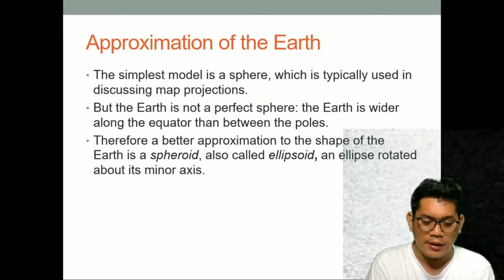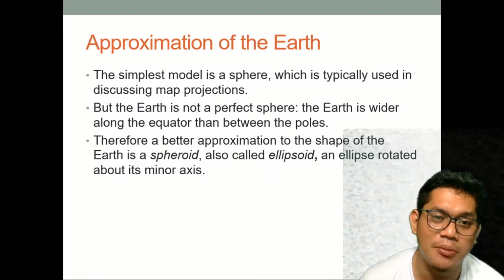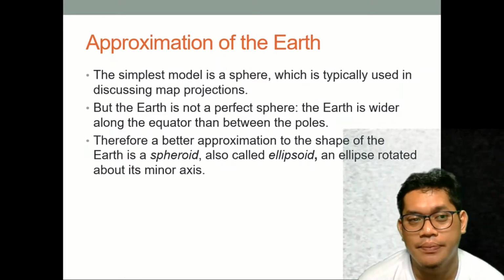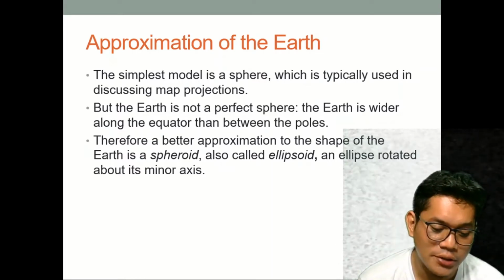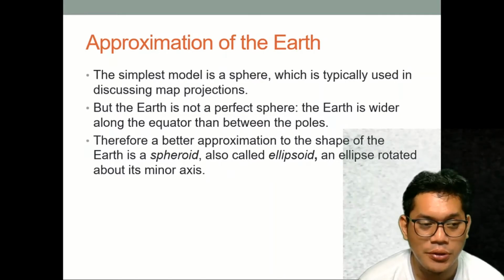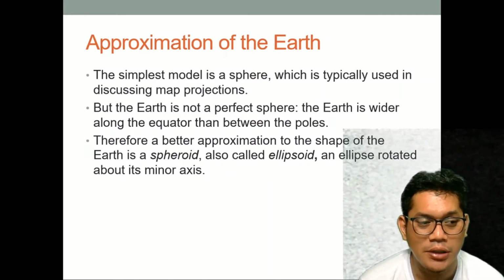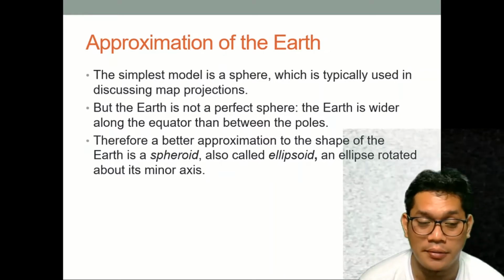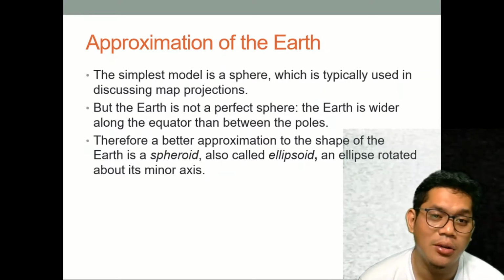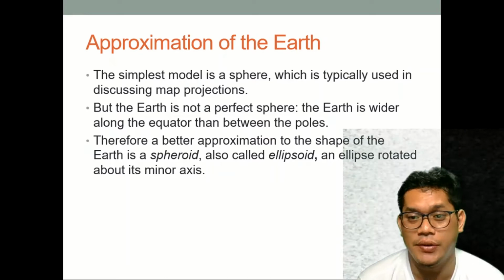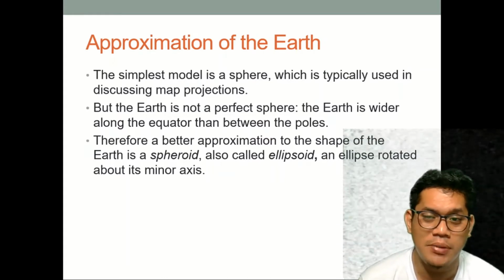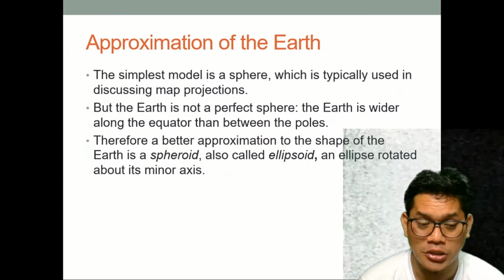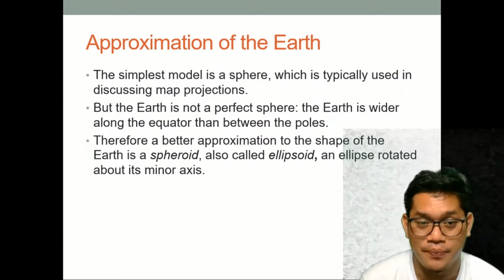Okay, and how do geographers approximate the Earth? When we try to come up with a coordinate system, we have to represent our world in something that mathematics can understand or calculate. The simplest model to approximate the Earth is a sphere, typically used to discuss map projection, as we discussed before.